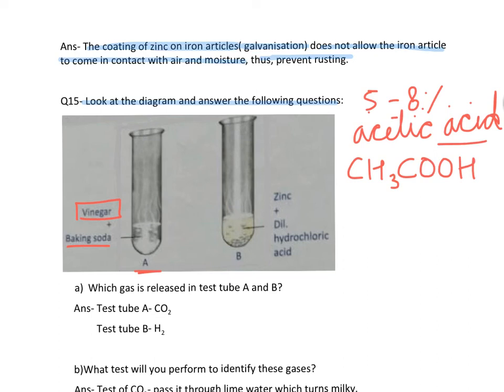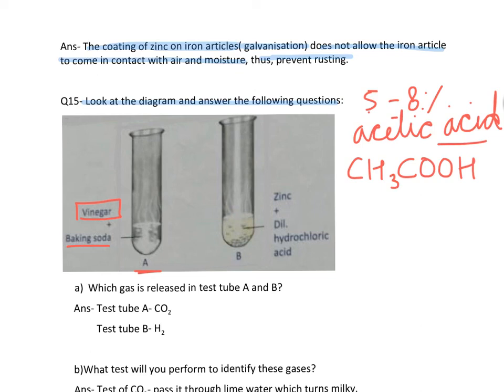So here carbon dioxide will be released. So one product will be carbon dioxide. Along with carbon dioxide we'll get water, and the third product which we get is the sodium salt of the acetate ion, that is CH3COONa.